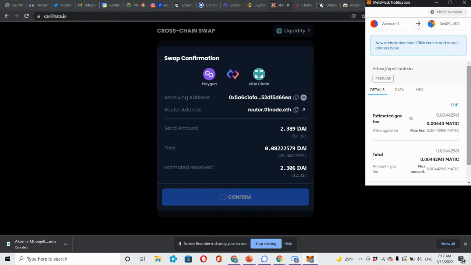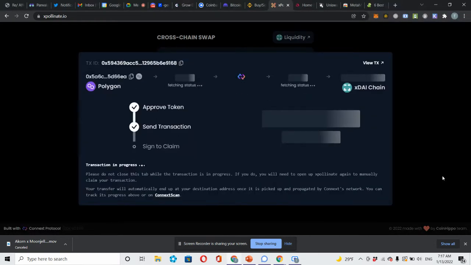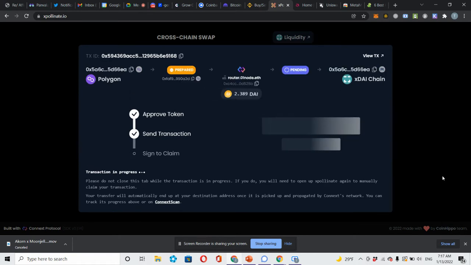So we now have that confirmed. And this will take just a little bit, but this is bridging our money from the Polygon chain to the XDAI chain. And in a moment or two, we'll be able to sign this transaction to claim the money on the XDAI chain.